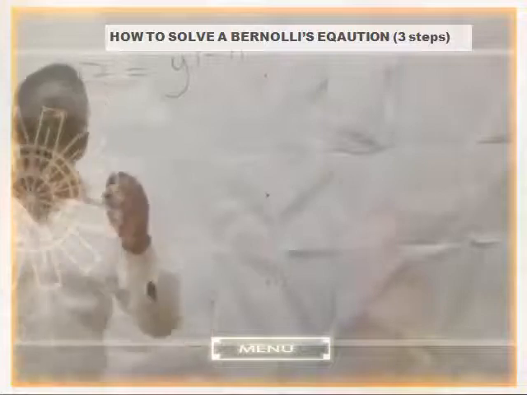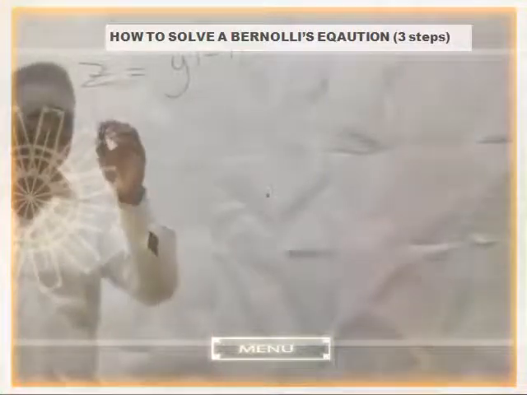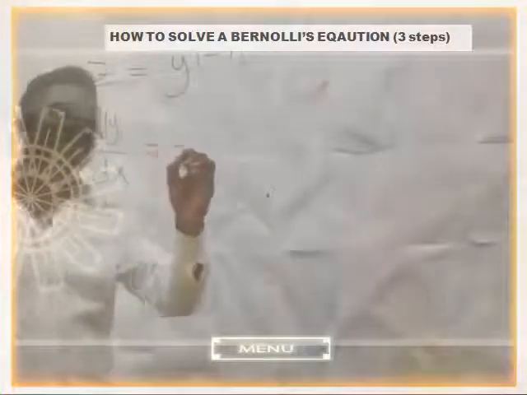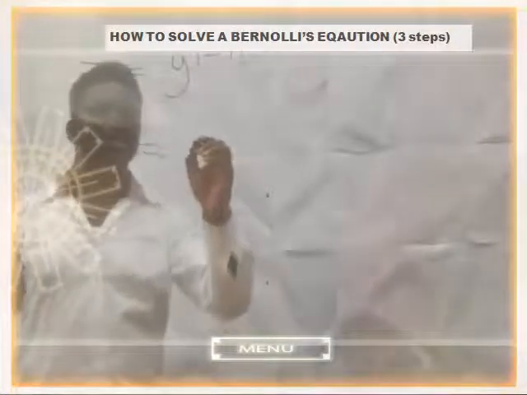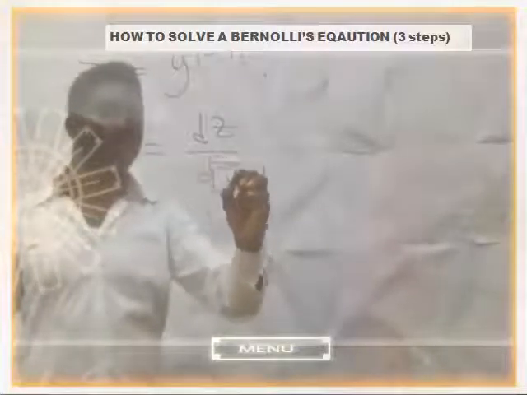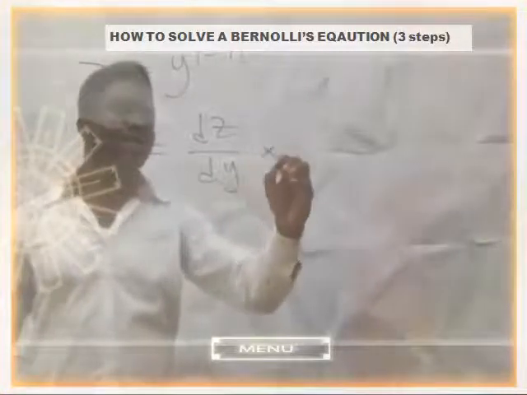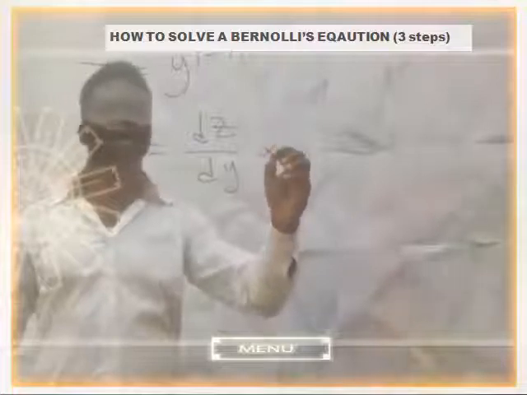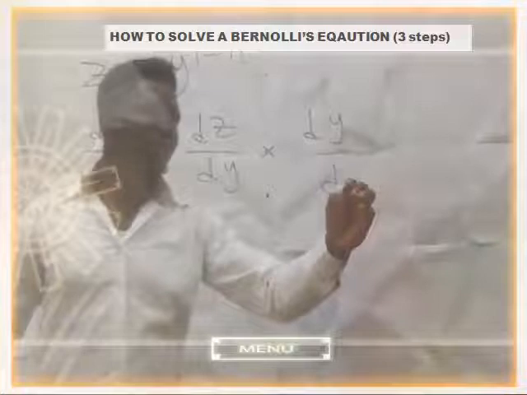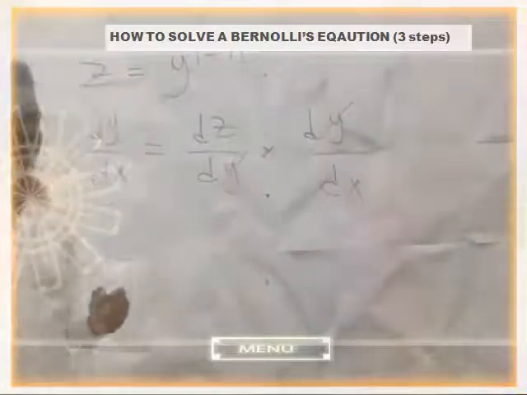So to get your dz/dx, from the chain rule, dz/dx is just dz/dy multiplied by dy/dx, so that these two can cancel each other.